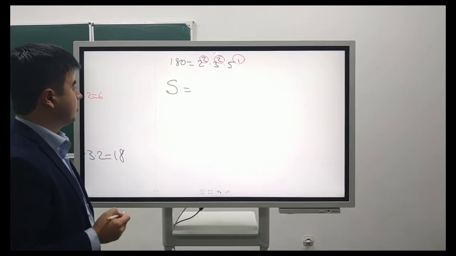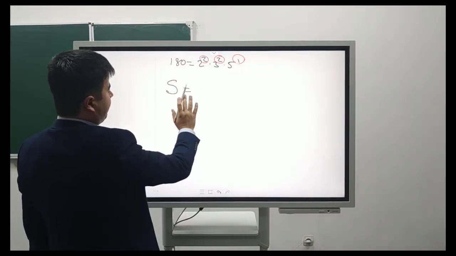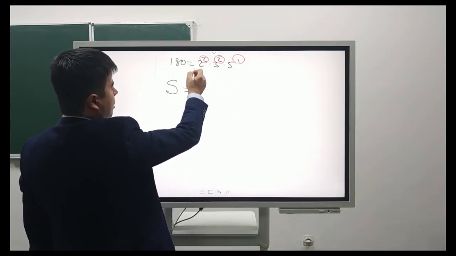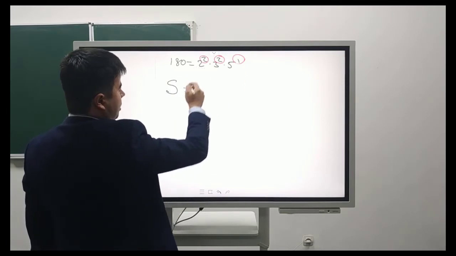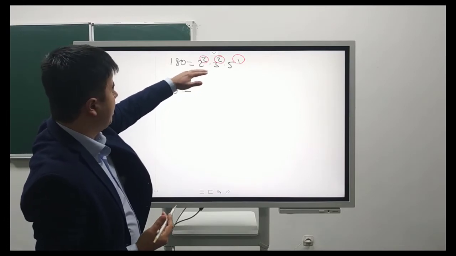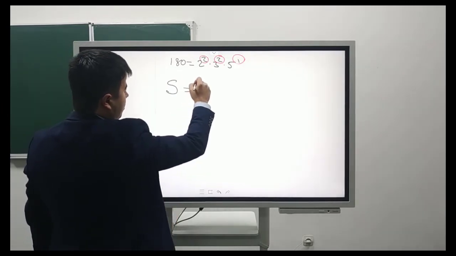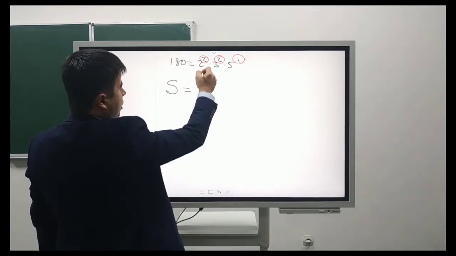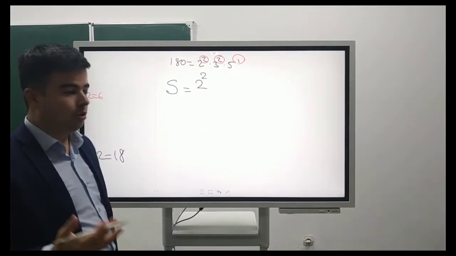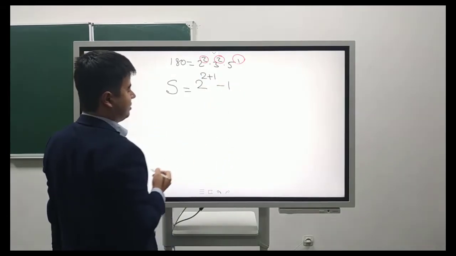So now, look here. We have the powers and we have the bases of the powers. The first one is 2. We will do it for all of them separately. So write 2, this base, and the power of this 2, which is 2, add 1 to the power and subtract 1.